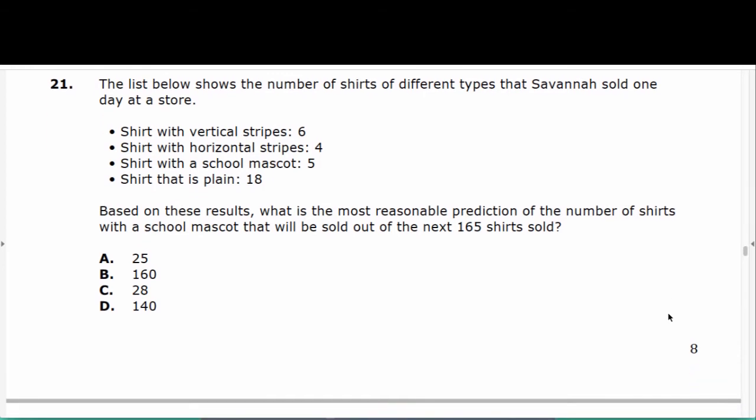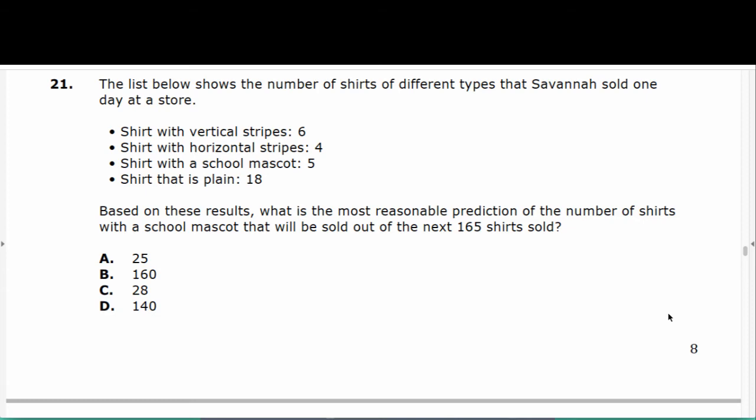Question 21. The list below shows the number of shirts of different types that Savannah sold one day at a store. Shirt with vertical stripes, 6. Shirt with horizontal stripes, 4. Shirt with a school mascot, 5. Shirt that is plain, 18.